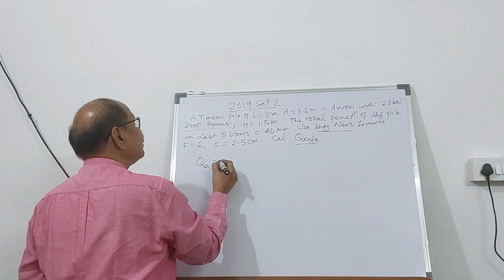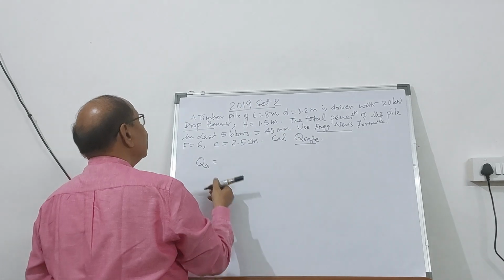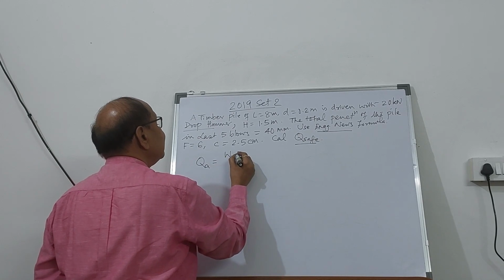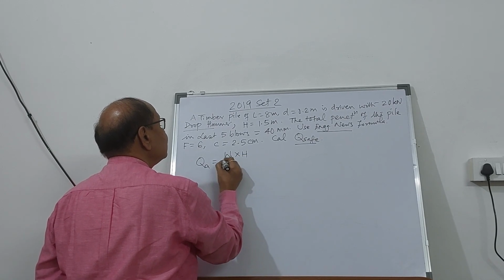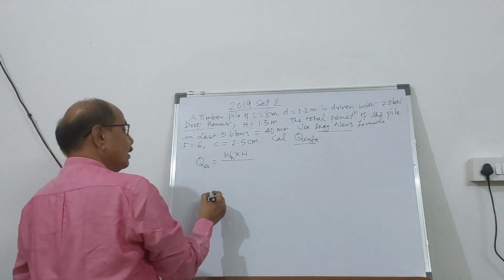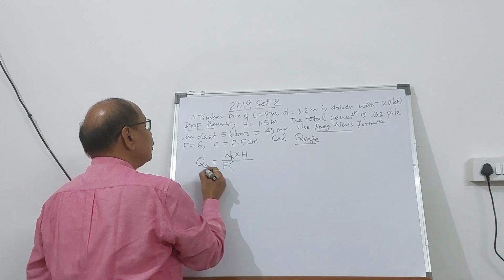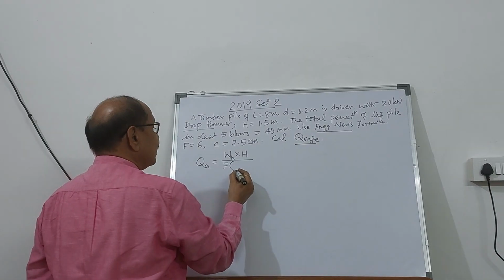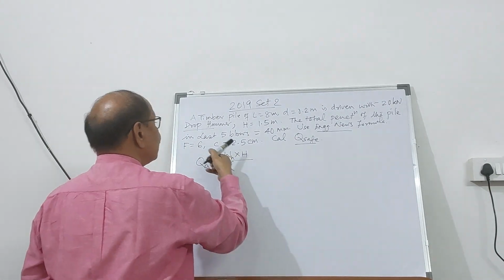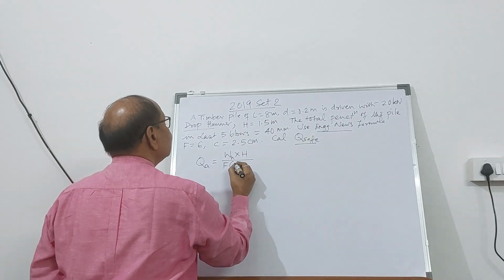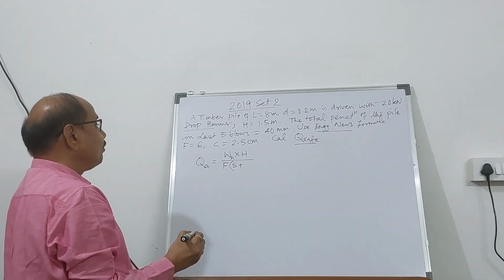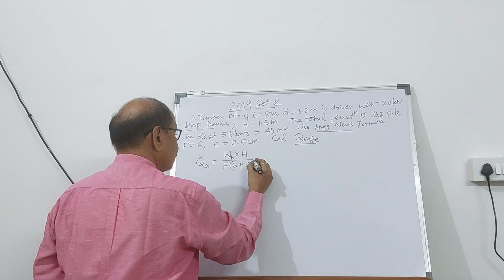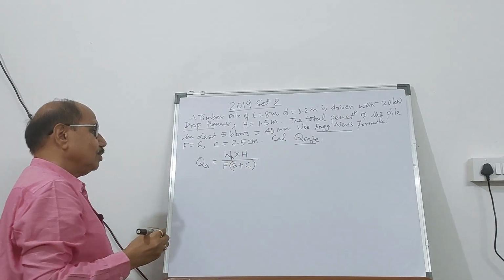So the allowable or safe load carrying capacity as per the engineering news formula is the weight of the hammer, into height of fall of the drop hammer, divided by factor of safety, because it is allowable, you will have to divide it by factor of safety, plus the set, the total penetration of the pile in the last five blows, plus this C value due to losses, which is also given to you.